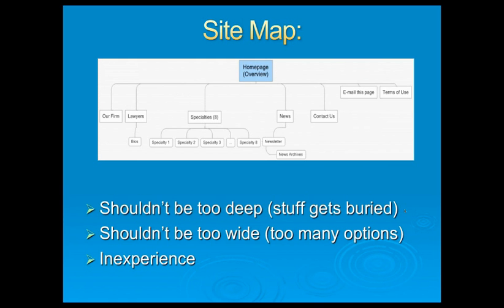The third thing is that by having a sitemap at the beginning of the design process, you get to see your menu navigation. And when you see your menu navigation, you want to make sure that it's not too deep because then things will get buried. And if it's too deep, that means you have too many submenus. And it shouldn't be too wide because then you're giving your users too many options.